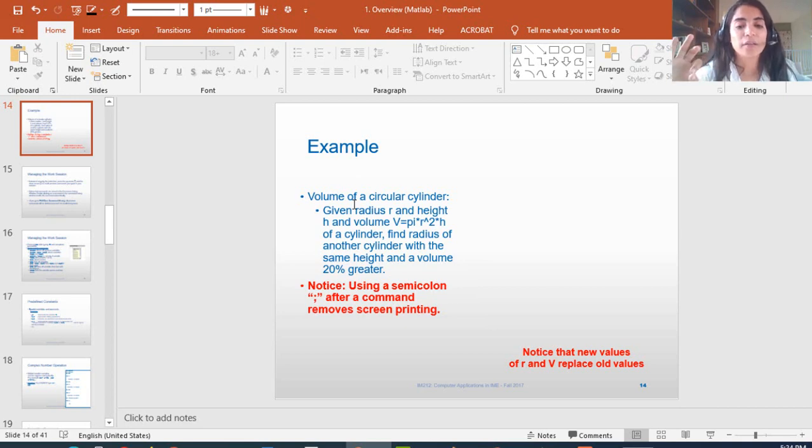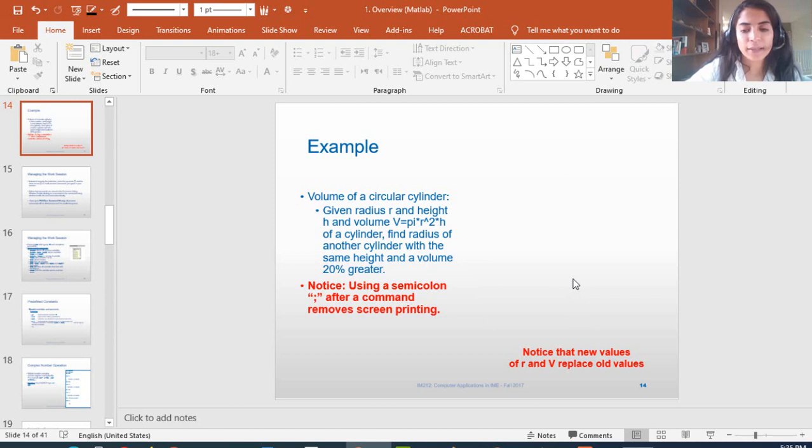I need to find the radius of another cylinder with the same height but with a volume 20% greater. So I need to define its height and its radius. So let's do it. And here with a note that we should use a semicolon to suppress the screen printing.